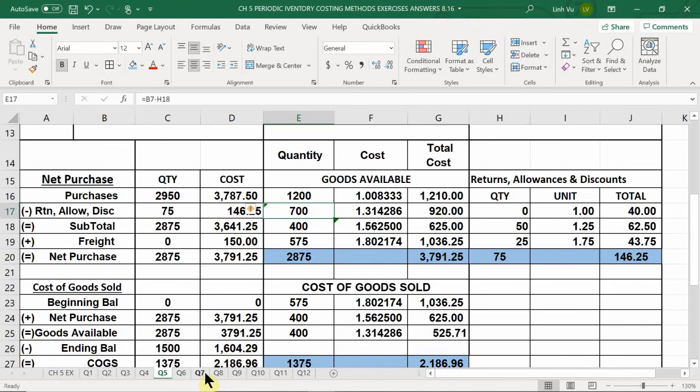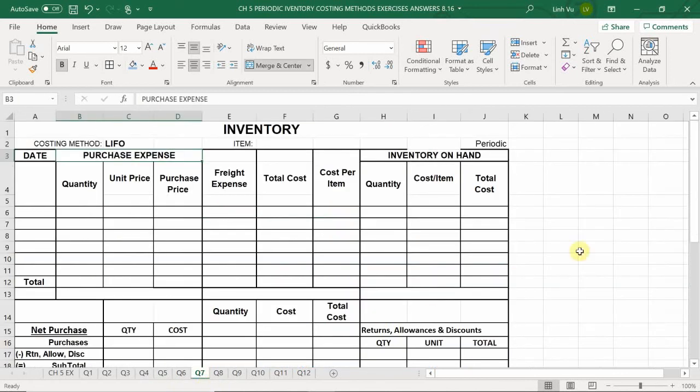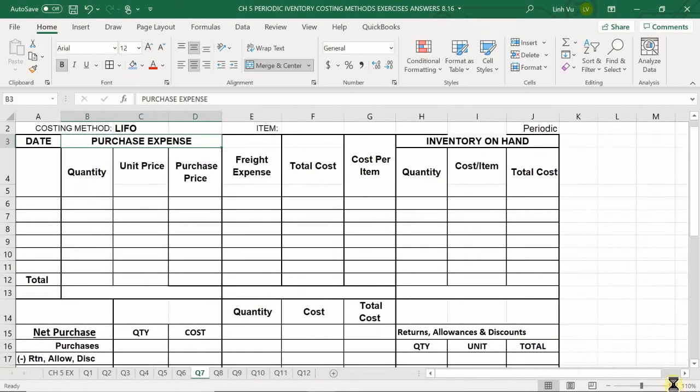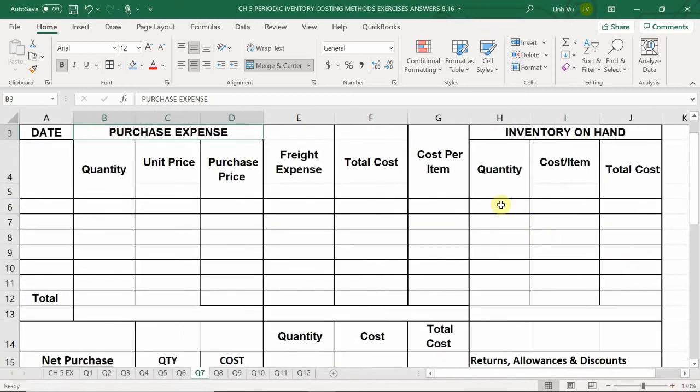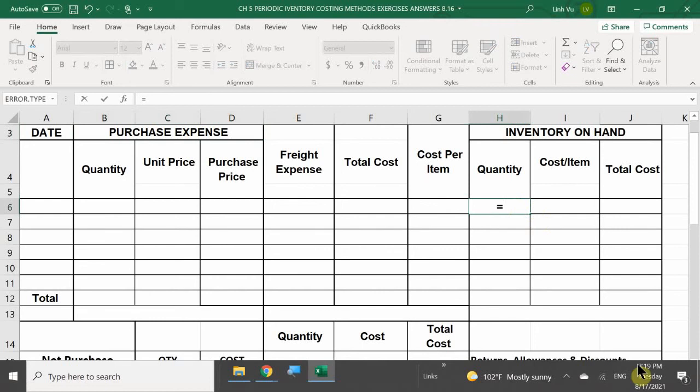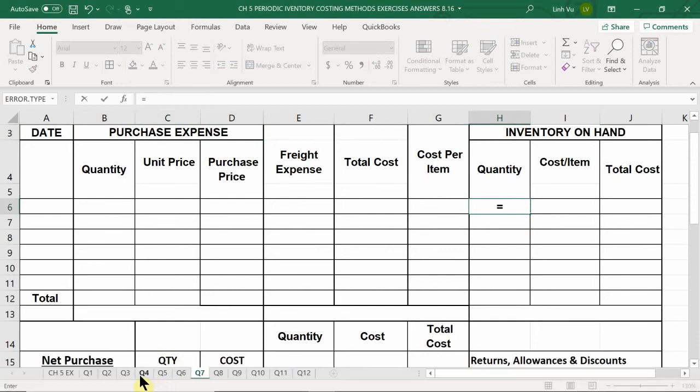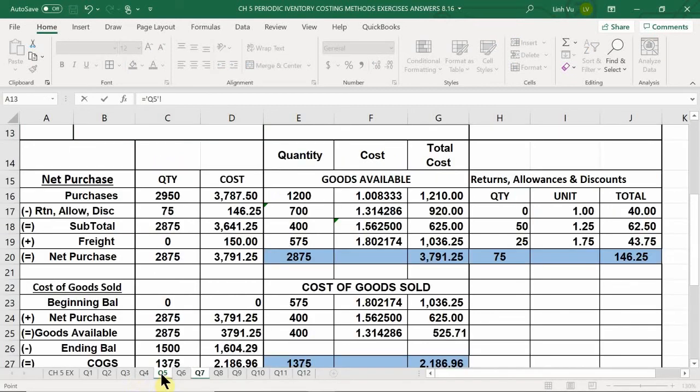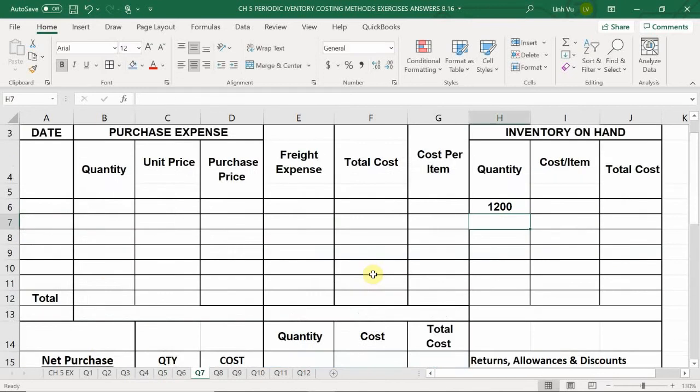For question 7, we're going to copy it exactly how we see it into our inventory on hand. We're going to transfer from question 5 the 1,200 units at 1.210.